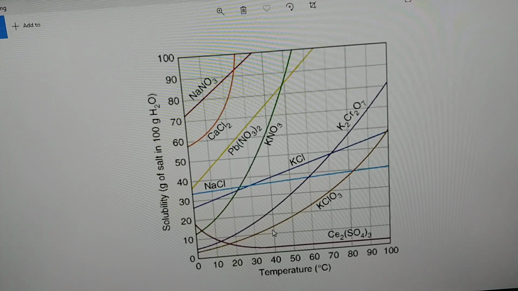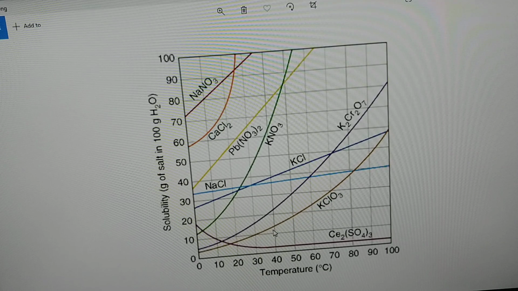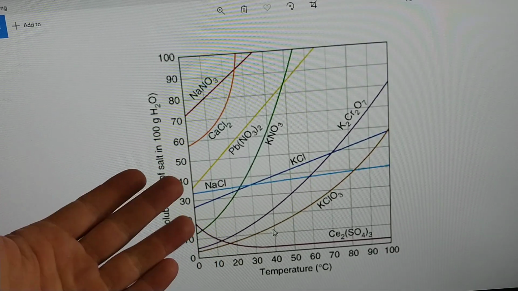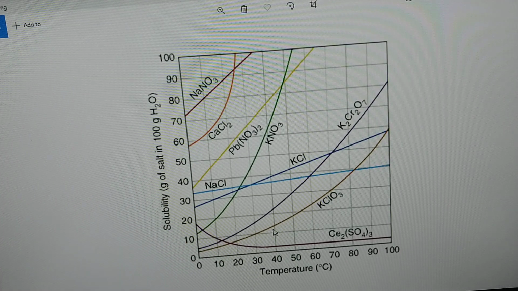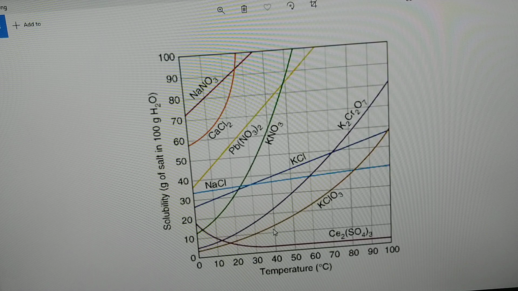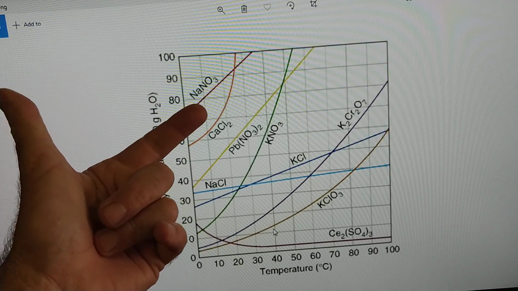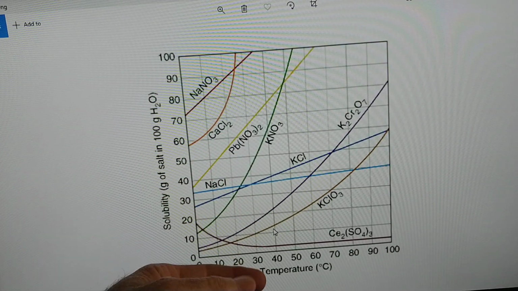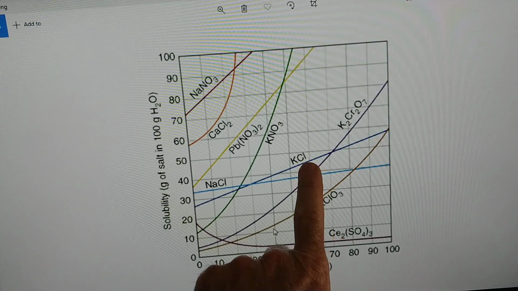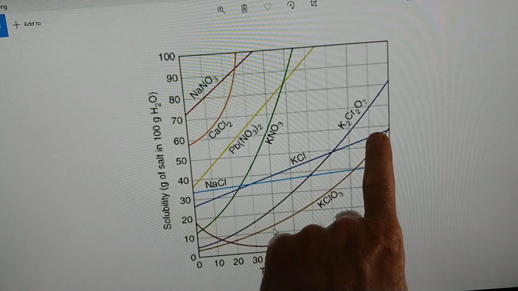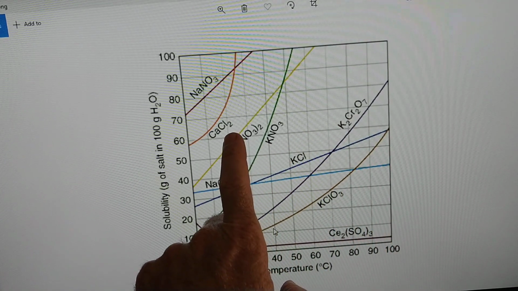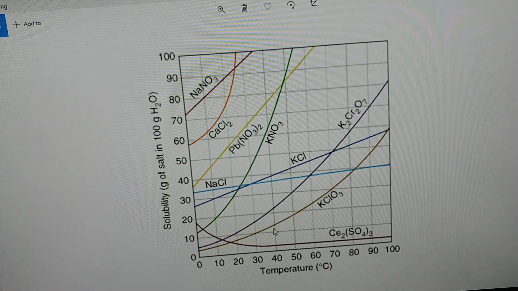Now, believe it or not, there are people whose job it is to discover the saturation or the solubility of different solvents, different solutes in solvents. Now, this is water, and these are some very typical solutes that we have in the chemistry lab. You can see there's potassium chlorate, potassium chloride, sodium chloride, potassium chromate, potassium nitrate, lead 2 nitrate, calcium chloride, and sodium nitrate.